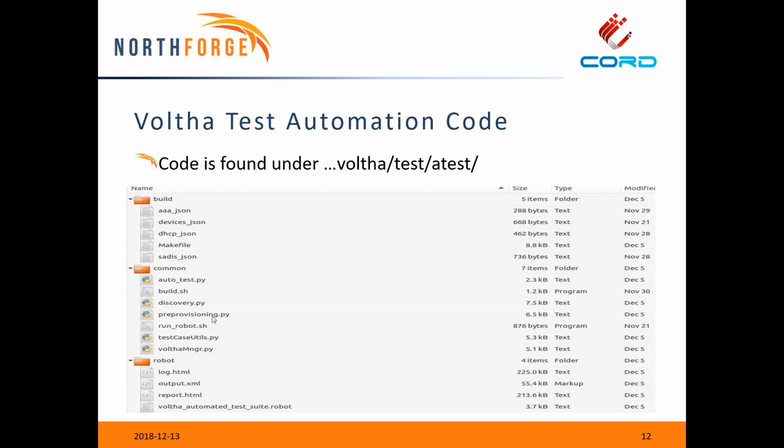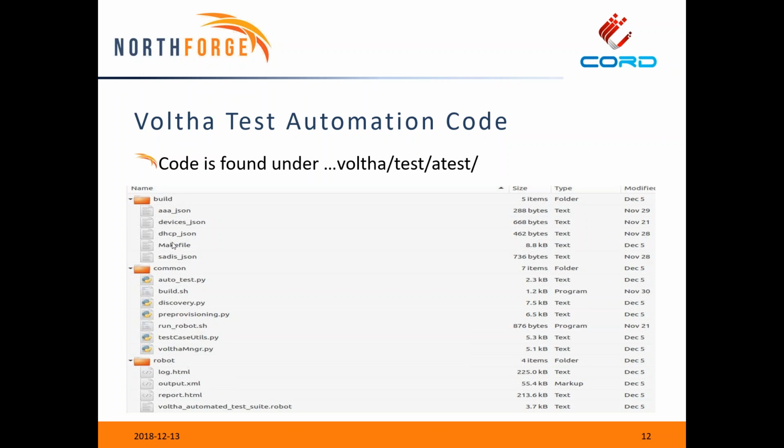Then we have a file for each test case. We have pre-provisioning and discovery that's on its way. Auto test is just the overall cleanup and shutdown of the whole script itself. Run robot is what Robot actually calls. So the VOLTHA test suite calls run robot to start the whole sequence.